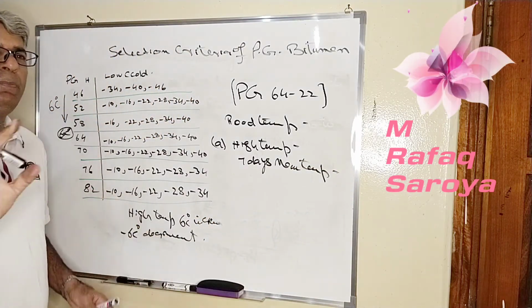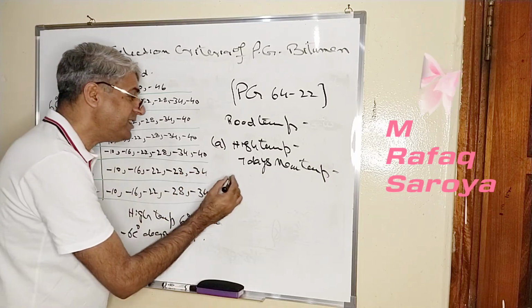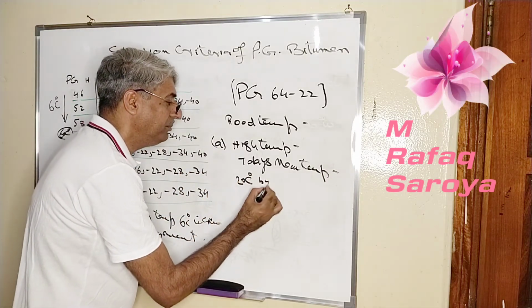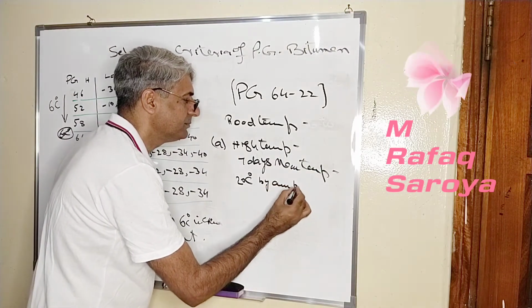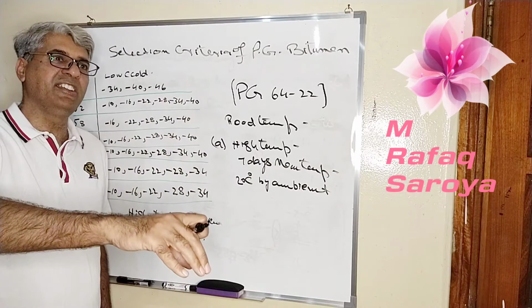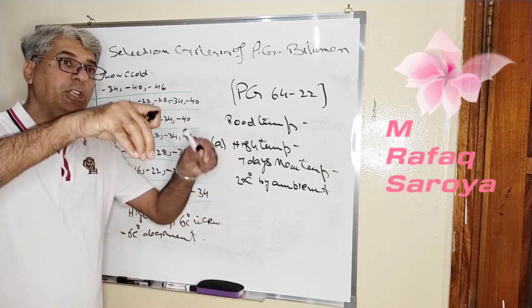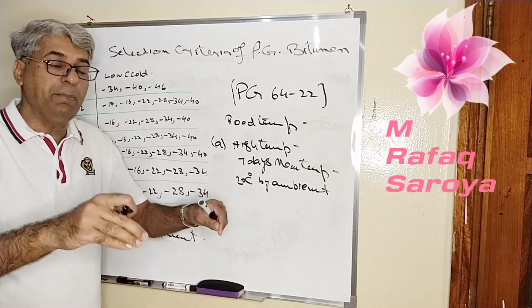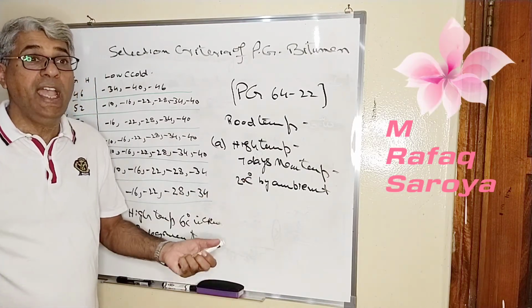Is it the surface temperature? No, because surface temperature is always 20 degrees higher than ambient. What is the reason? Because asphalt is dark in color, it has the capability to absorb heat and retain the heat. That is why its temperature is 20 Celsius more than the ambient temperature.